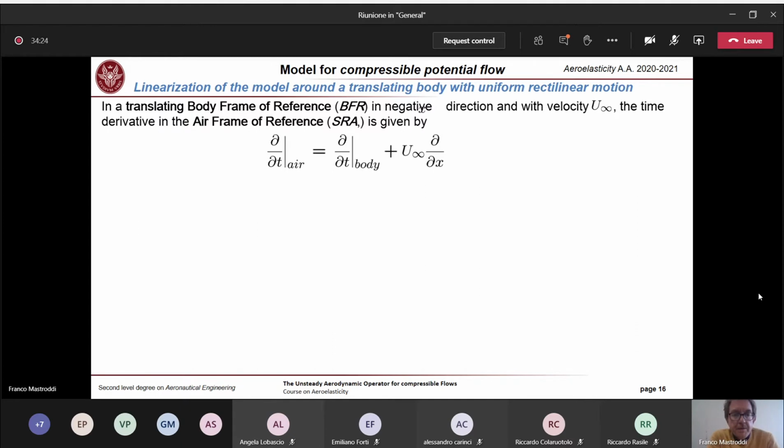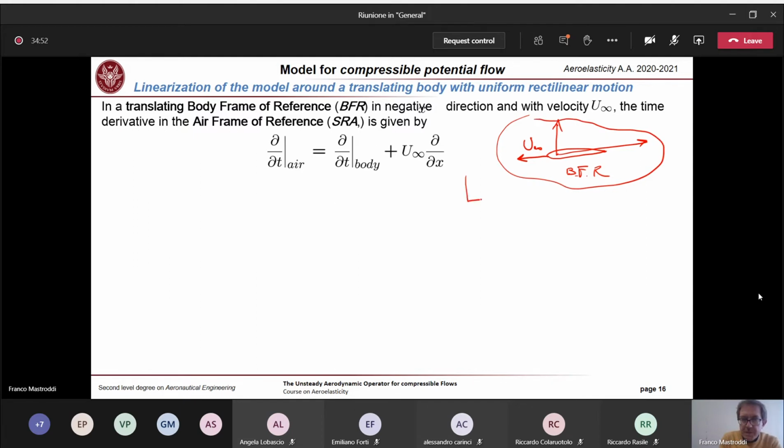Now, first step, represent this equation in a translating body frame of reference, which is the natural body frame of reference with the aircraft. Okay, so this is our body frame of reference moving with velocity u infinite. This is our computational frame of reference with respect to the air frame of reference.